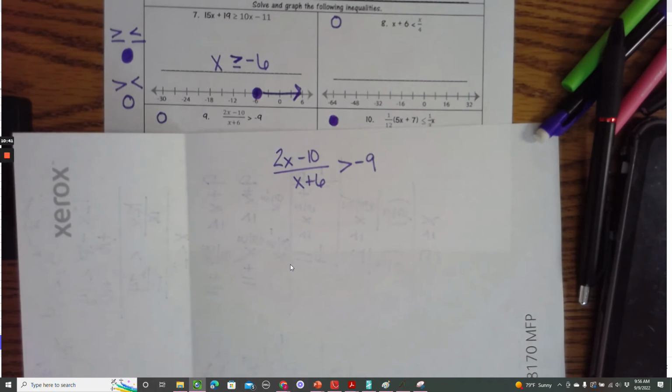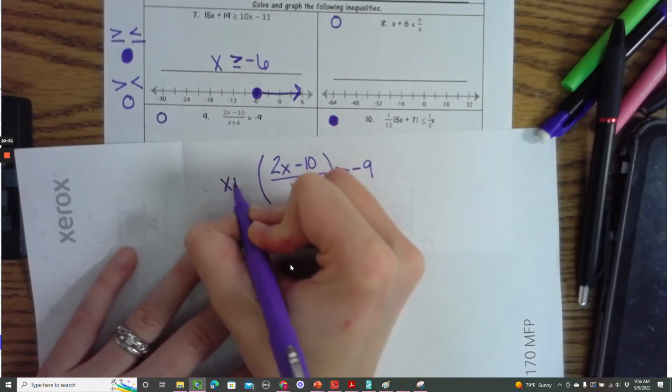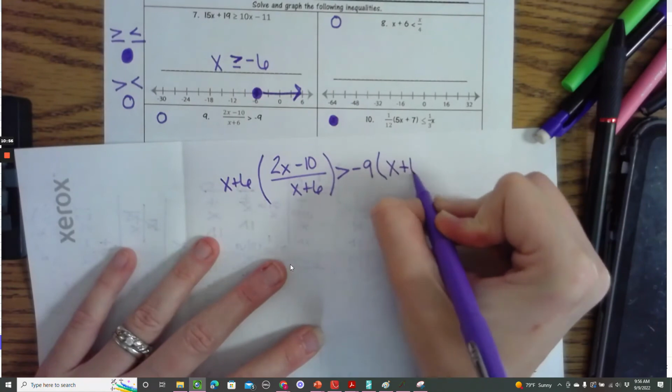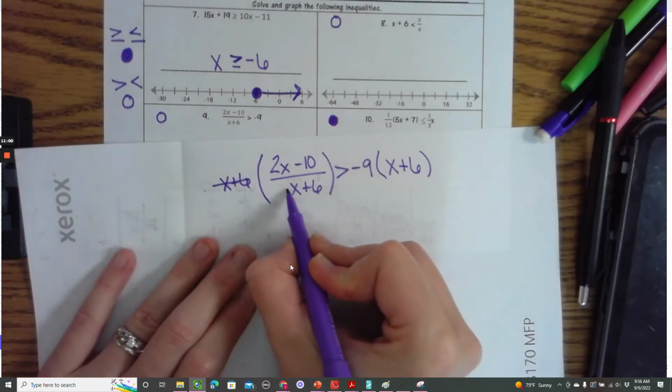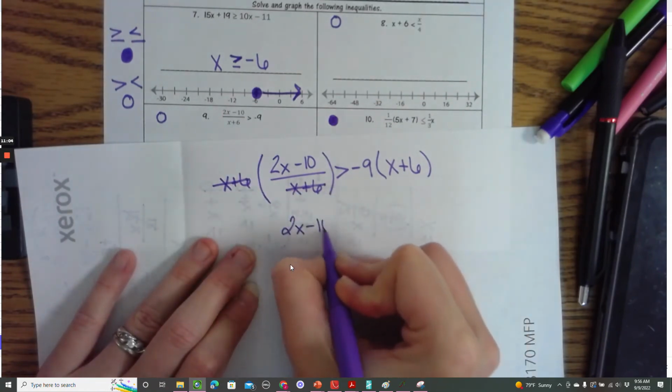How would I move that x plus 6? Multiply. I can multiply this whole side by x plus 6, which means I got to multiply this whole side by x plus 6. But that way, this cancels this, and it gets rid of that fraction for me.